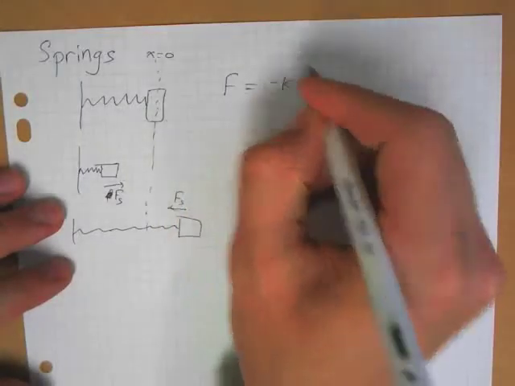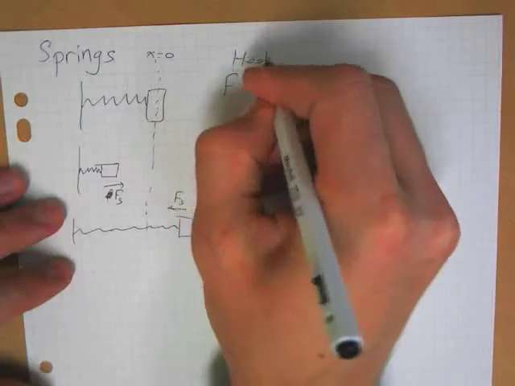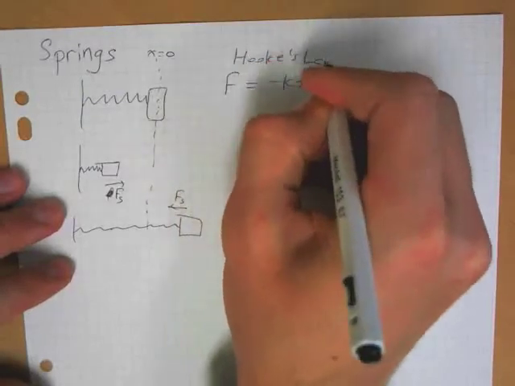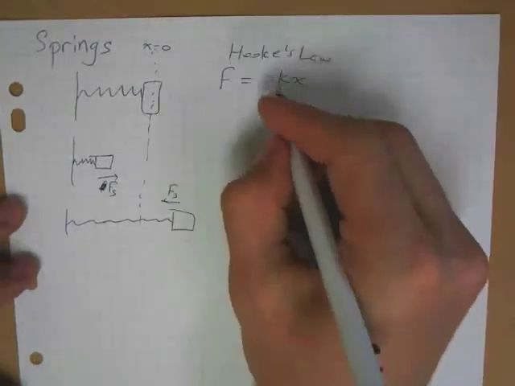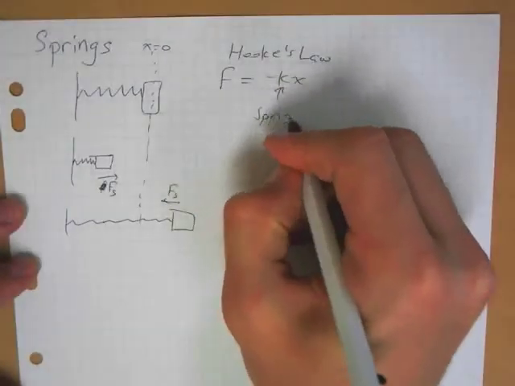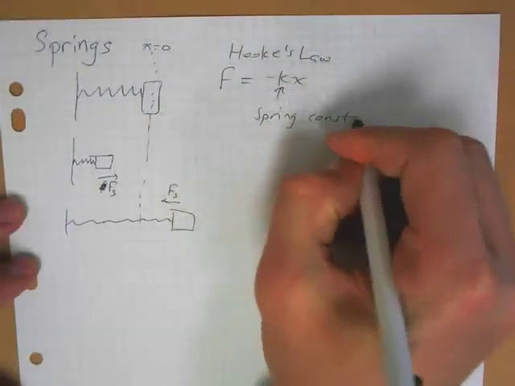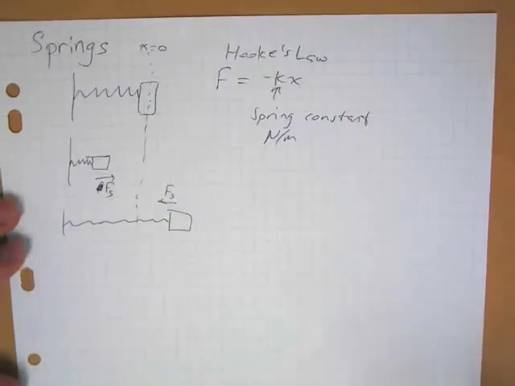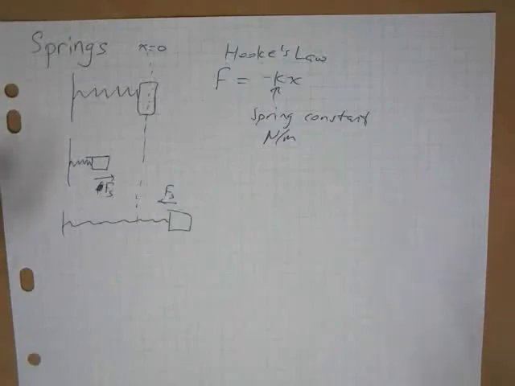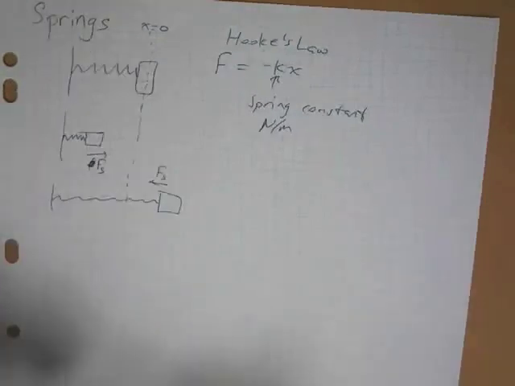This is known as Hooke's law for springs. This k is called the spring constant, with units of newtons per meter, and it has to do with the geometry of the spring and the material it's made out of. So how tightly it coils, how fast it'll snap back.